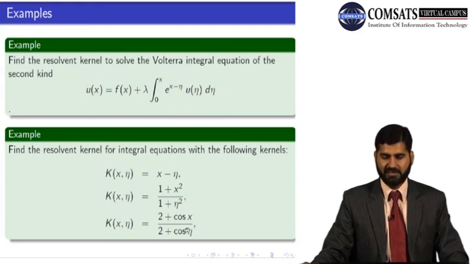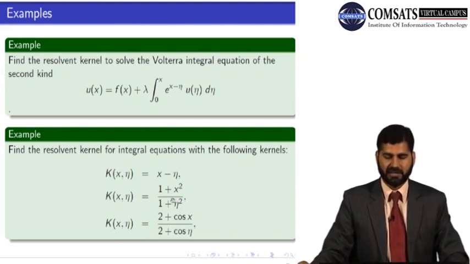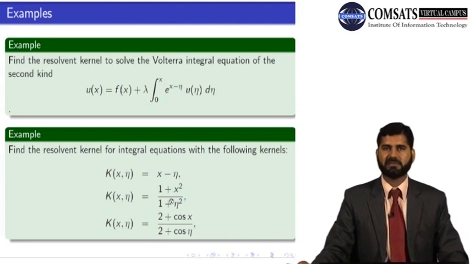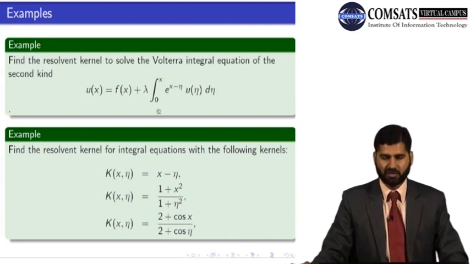Then I did one of these examples, 2 plus cos x and 2 plus cos eta. You can do the other two as well, x minus eta and 1 plus x square, 1 plus eta square. I hope they will not be difficult for you because I have done quite a few examples now. If you follow the same steps, they will be very easy. I did this example from 0 to 1.